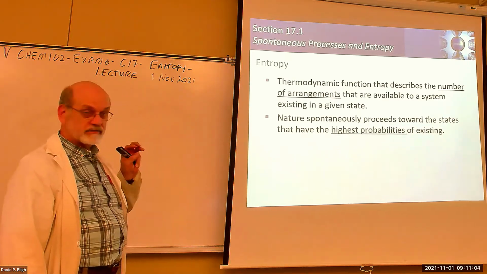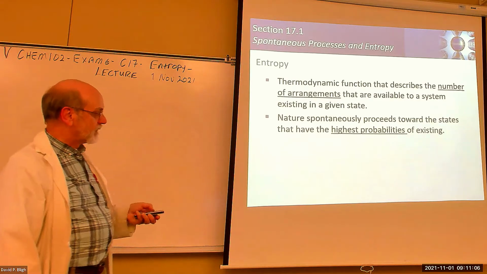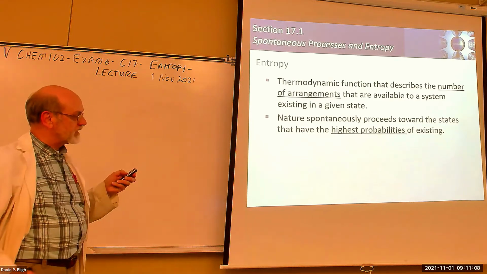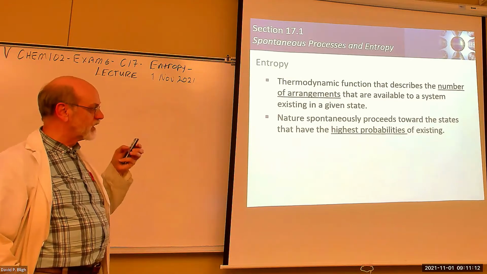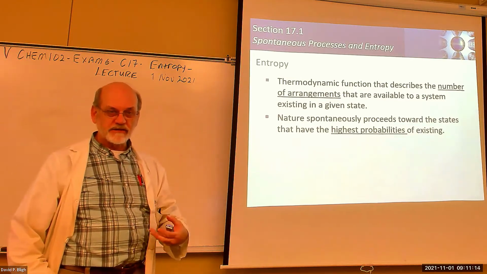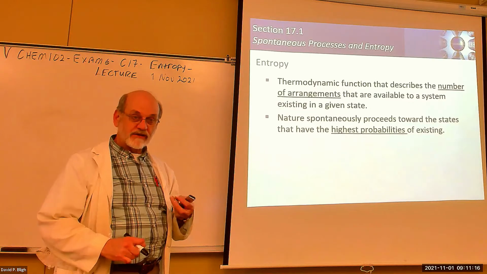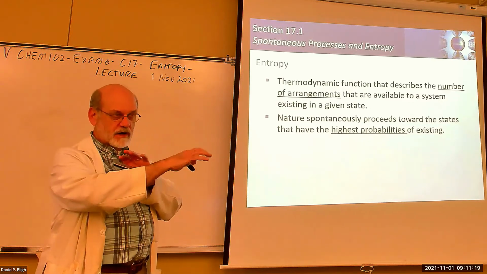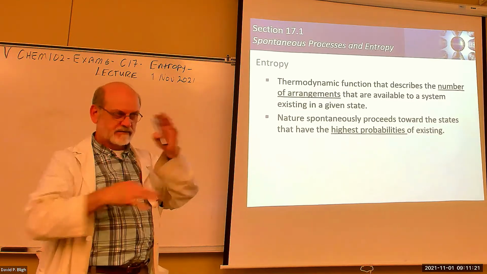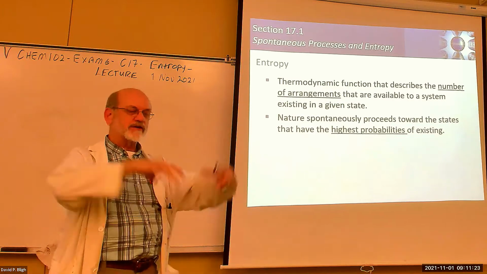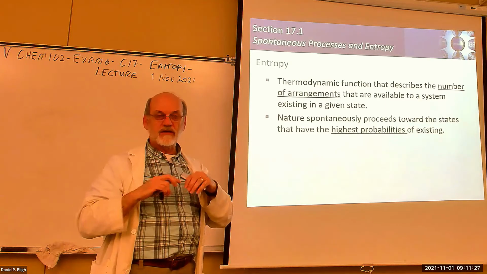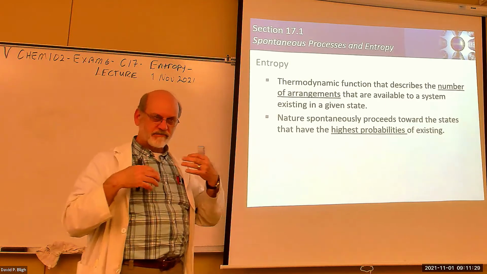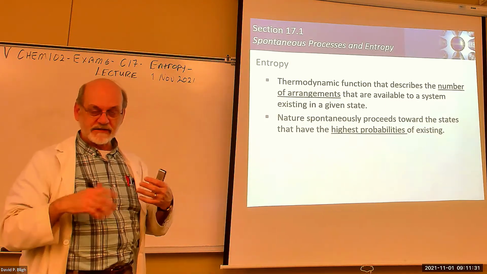So we're still here with probabilities, and the natural state of any system is toward the one that allows for the highest probability of existing. And that means you have more possibilities for arrangements. So when you increase the volume of that gas, it gives it more places to go. So you have more states that it can exist in.